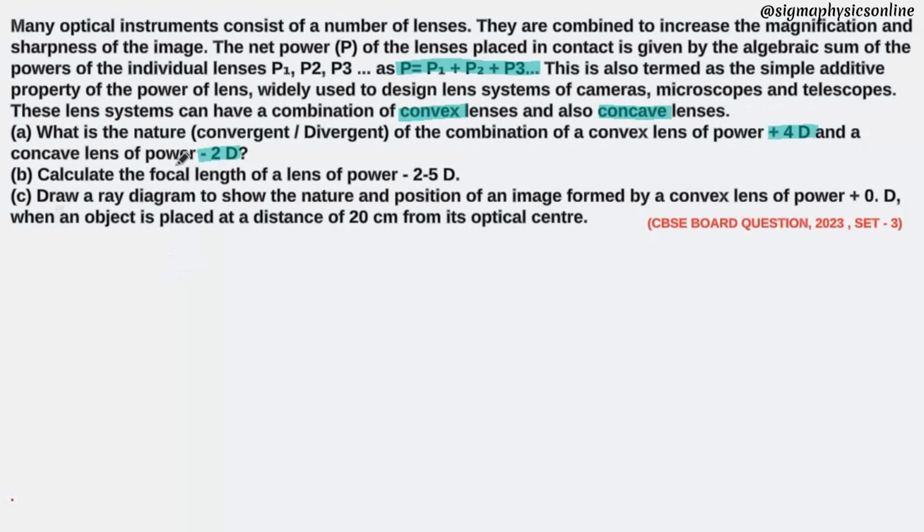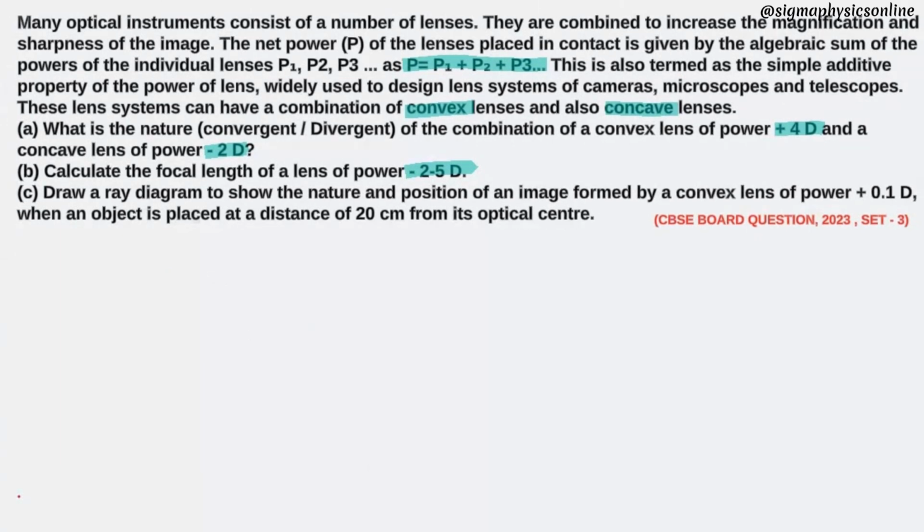The second question is, calculate the focal length of the lens whose power is minus 2.5D. Then draw a ray diagram to show the nature and position of an image formed by a convex lens of power plus 0.1D when the object is placed at a distance of 20 cm from its optical center.